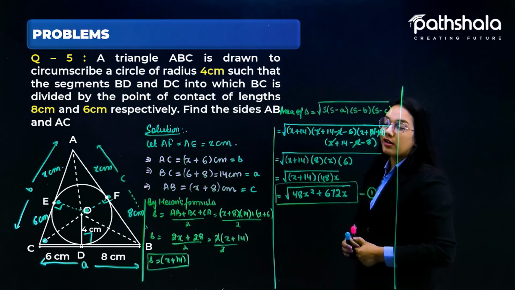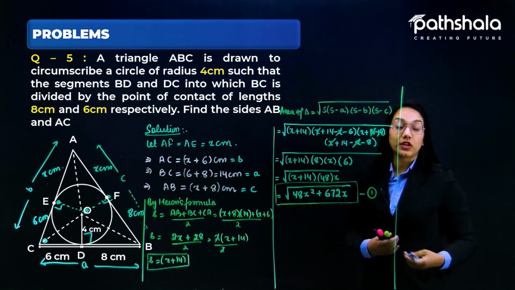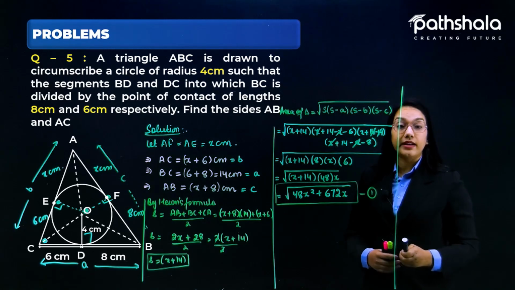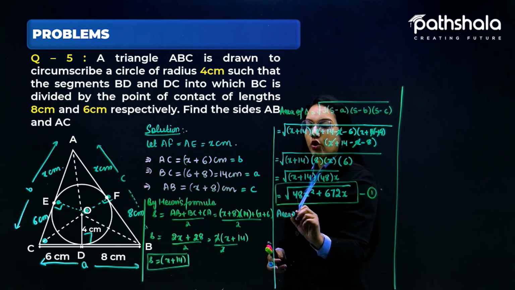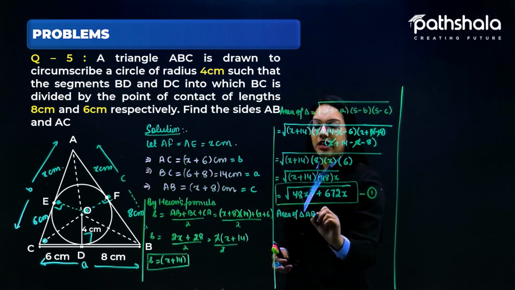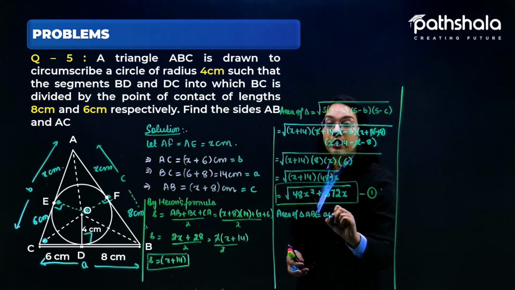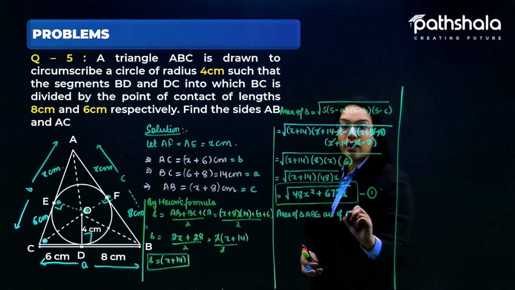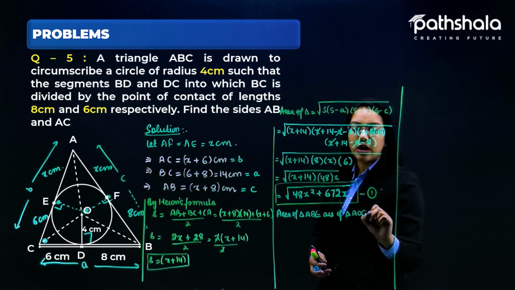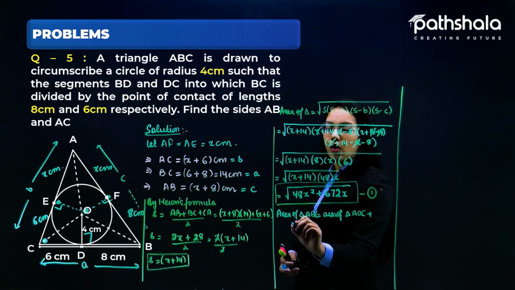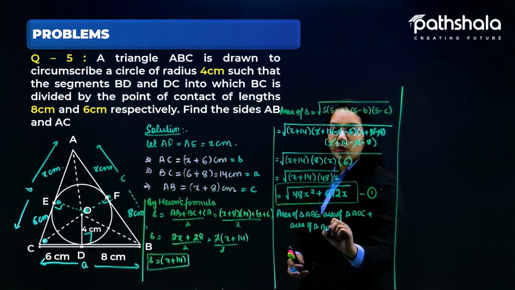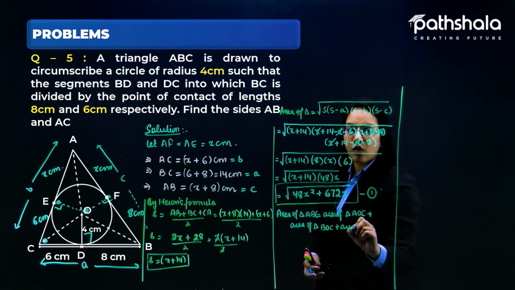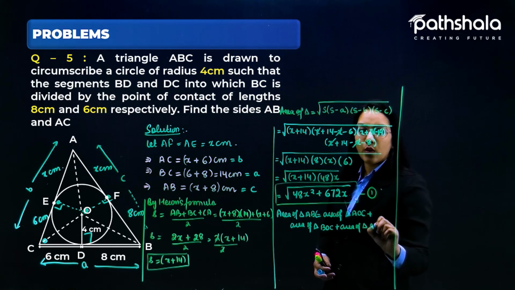Now furthermore, we can also find the area of the triangle using the concept of half into base into height. The area of the triangle ABC would also be equal to the area of the triangle AOC plus the area of the triangle BOC plus the area of the triangle AOB.